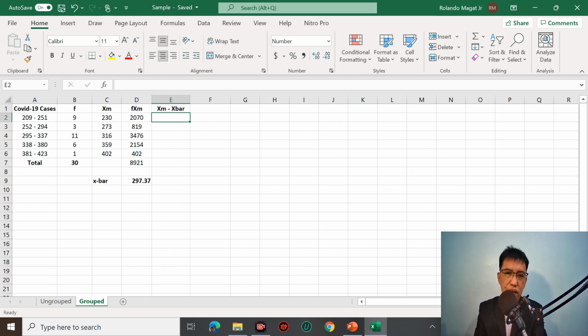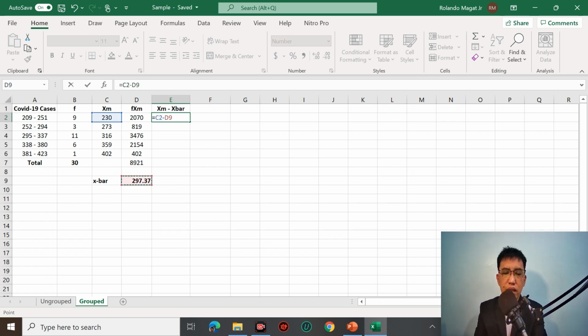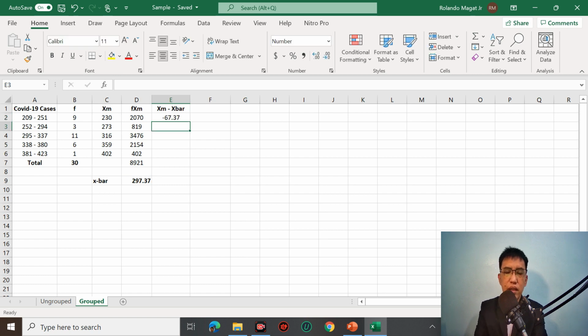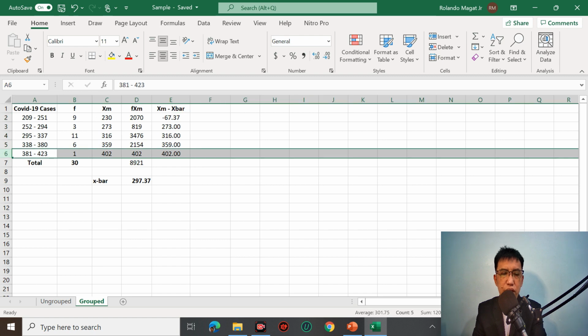So, equals here minus our mean, then enter. Then drag it all the way down to row number 6. Then we square each of the values in this column.